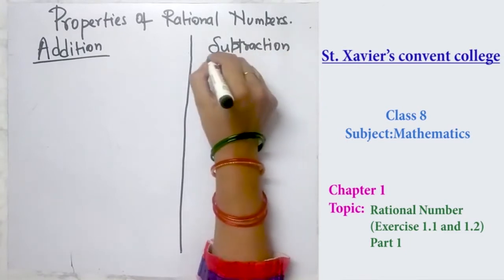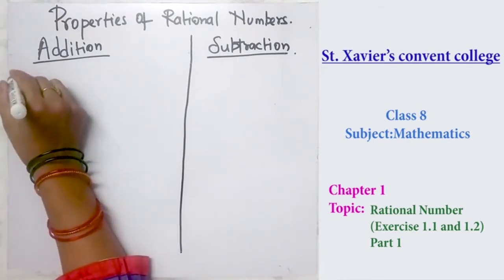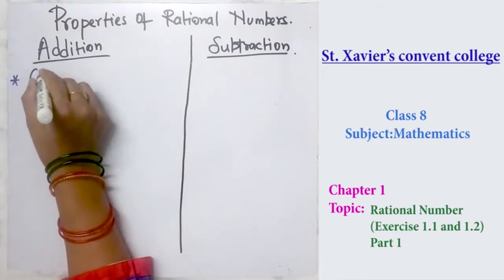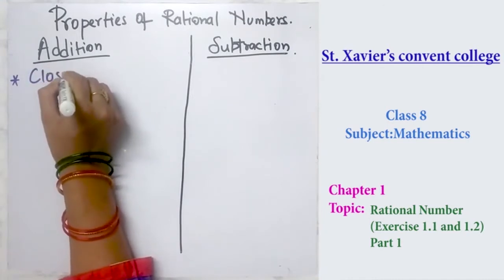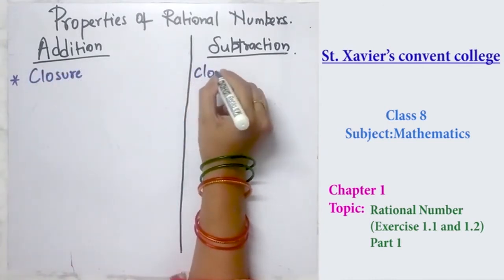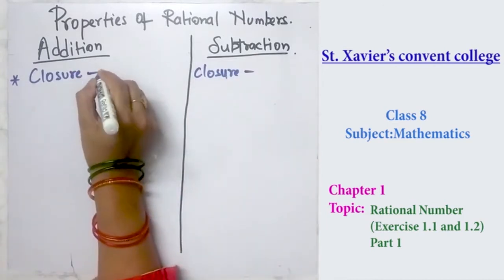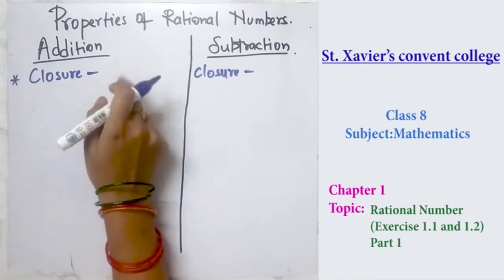The first property is the closure property. It will be easy for you to understand: closure property under addition, closure property under subtraction.